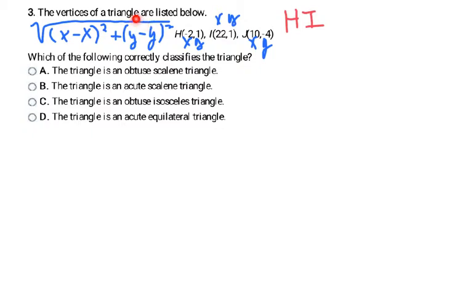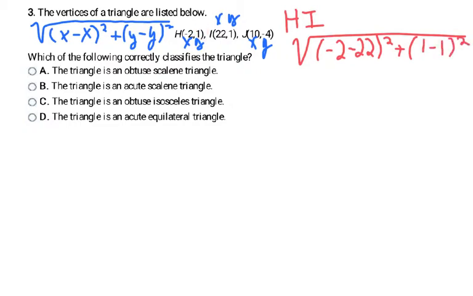And then I also wrote down the distance formula for us to refer to. So the first thing I'm going to do is subtract the X terms of H and I, so that's negative 2 and 22. So I'm going to have negative 2 minus 22, that quantity squared, plus, and then I'm going to do the same with the Y term, so 1 and 1. So it's 1 minus 1, that quantity squared.